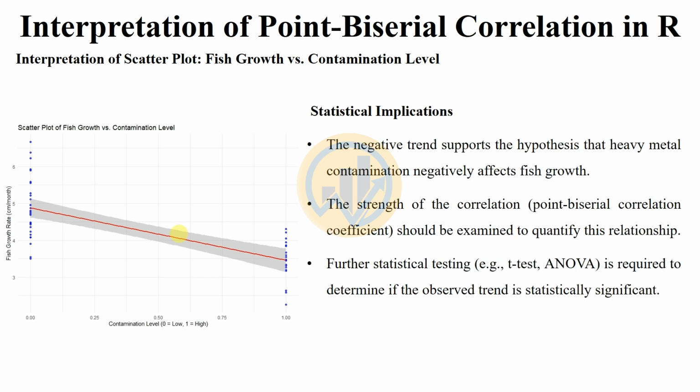The statistical implication for the scatter plot: the negative trend supports the hypothesis that heavy metal contamination negatively affects fish growth. The strength of the correlation: the Point-Biserial correlation coefficient should be examined to quantify the relationship.